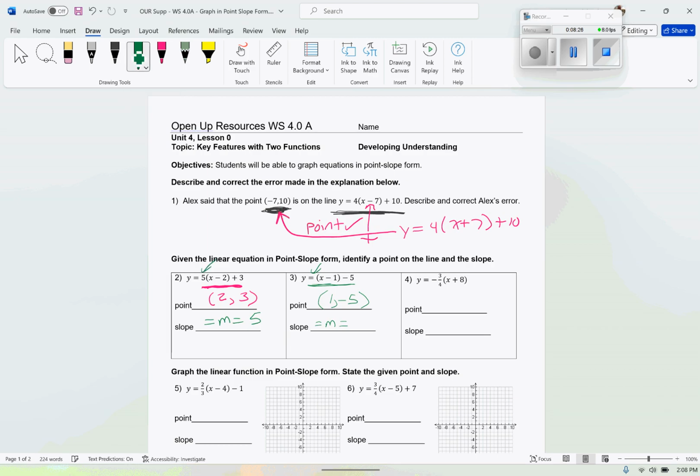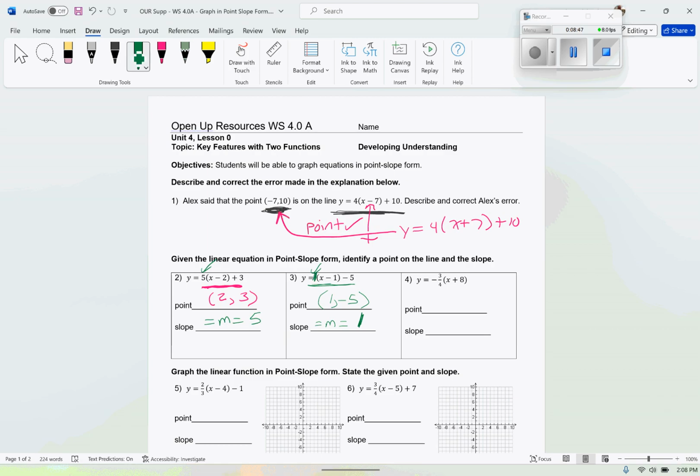There was a 5 here. What number is out front that we don't have to put? If I said x and I said 1x, is that the same thing? There's a 1. If you don't have a number in front of parentheses, it always has to be a 1.